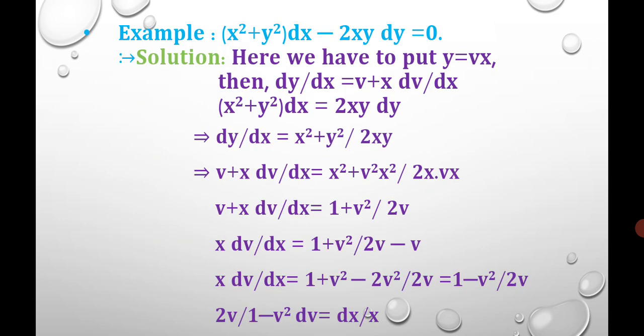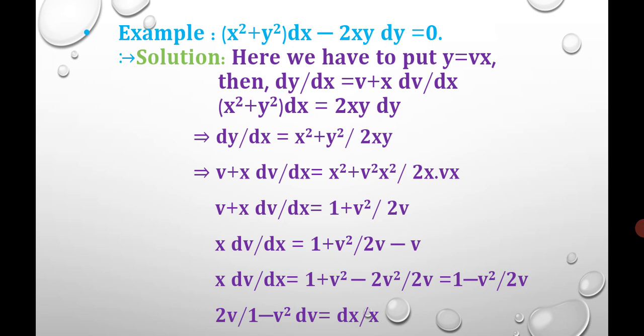So friends, here we have to see an example based on this method. Here we have the example, that is x square plus y square into dx minus 2 into xy dy equals 0. Then the solution: here we have to put y equals v into x.